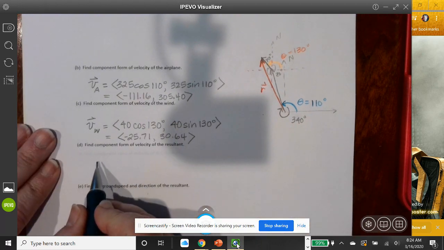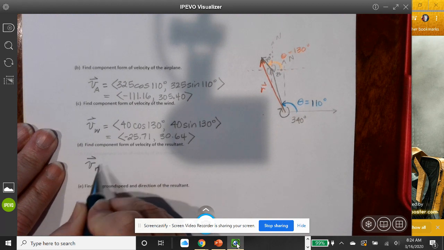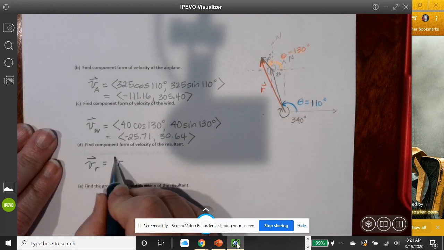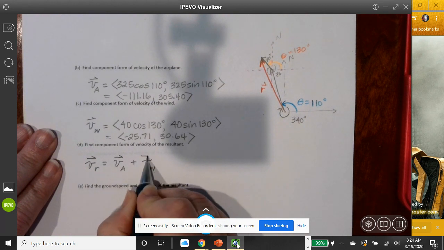Okay, so now find the component form for the velocity of the resultant. So I'm going to put the velocity of the resultant, and what is that going to be? That's going to be the velocity of the airplane plus the velocity of the wind added together.